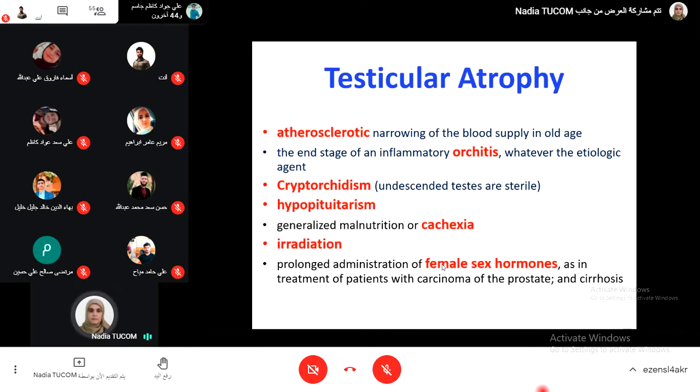Testicular atrophy means the seminiferous tubules are atrophied, hyalinized without effective spermatogenesis, and with thickened basement membrane.